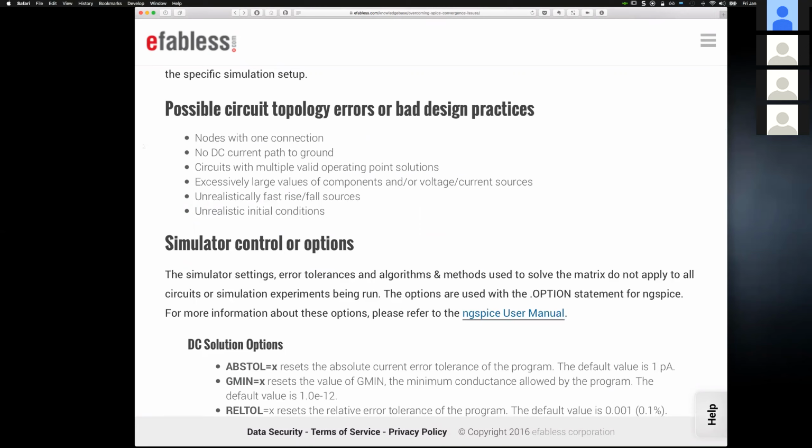I would have one, if you don't mind. Could you repeat that, please? Okay, thanks. You mentioned excessively large values of components and or voltage, current sources, and so on. Would you care to be more specific in this exact case?